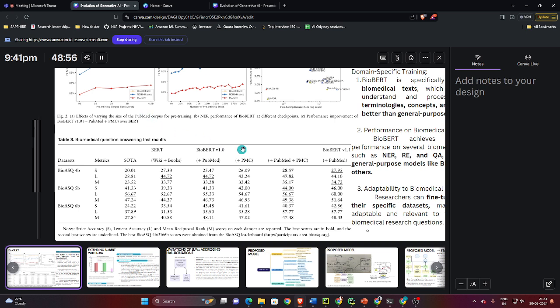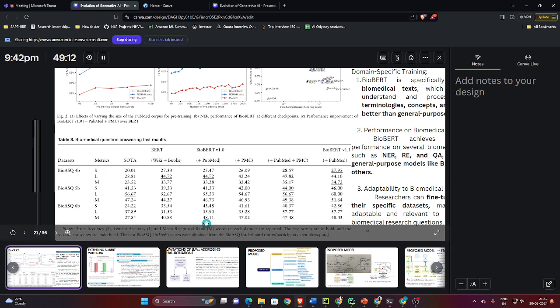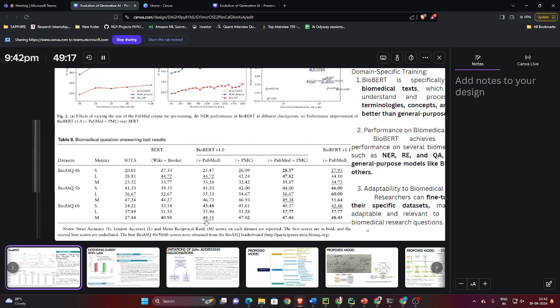Those had the gene and disease datasets, and this one is the question answering dataset results. That is, I give BioBert a particular query, and it answers me specifically to my query. For example, like SLM, these are again strict, lenient, and mean reciprocal rank.